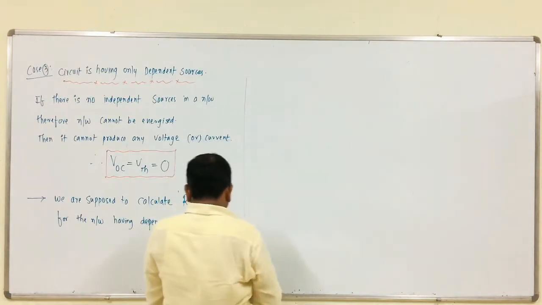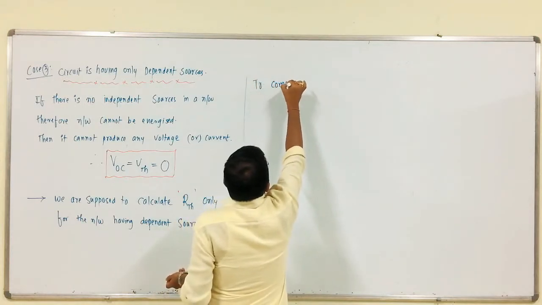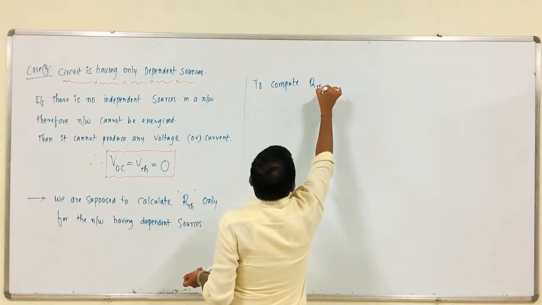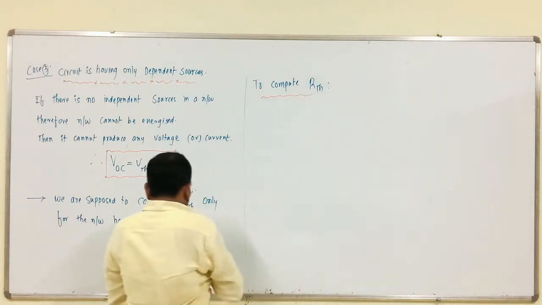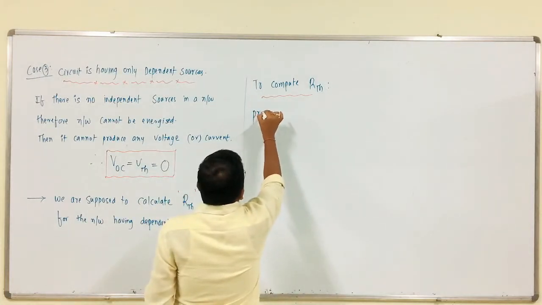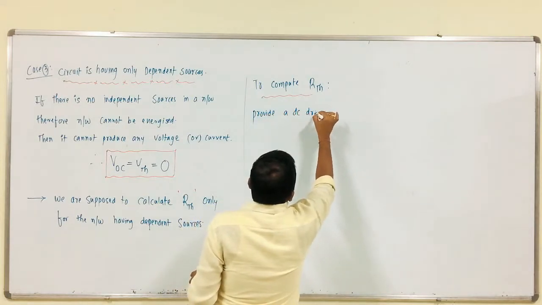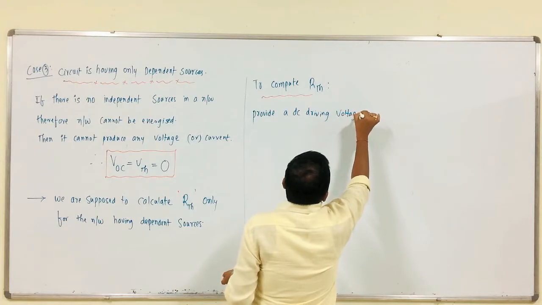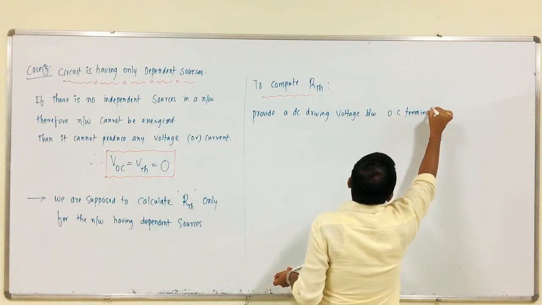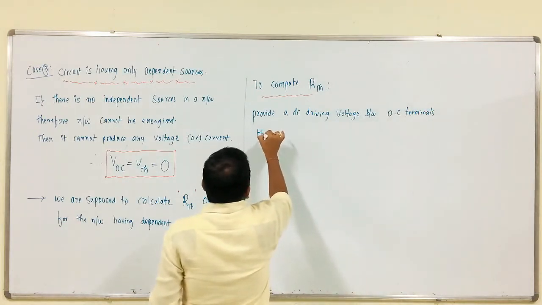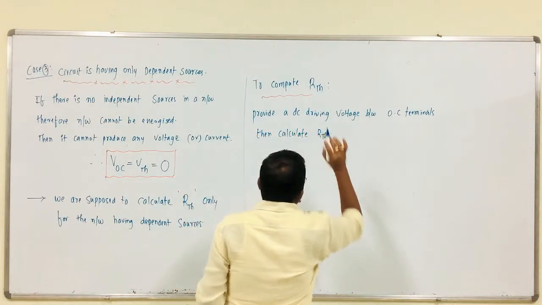We all know that to compute RTH, provide a DC driving voltage between open circuited terminals, then calculate RTH, right.